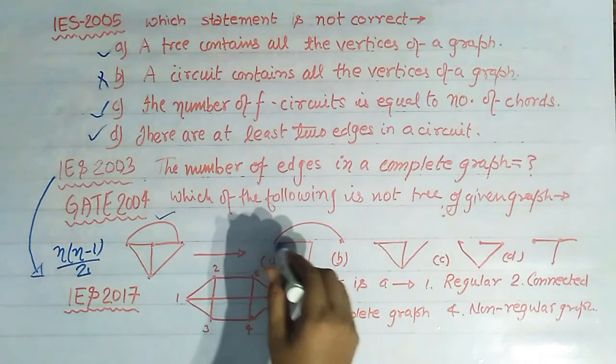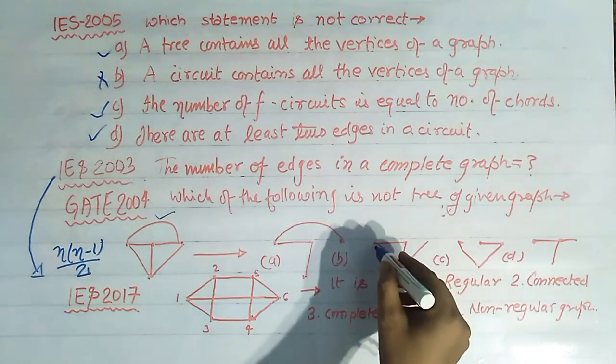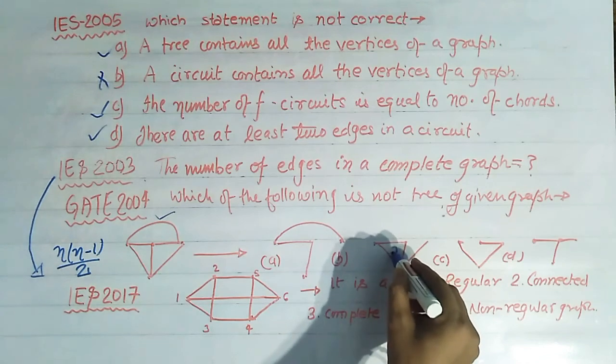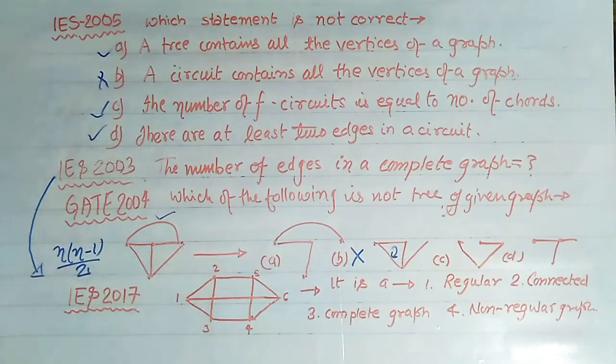So here all these four options include all the nodes. But the second point is a tree of a graph should not have a closed path. Here in option B we can see that it has a closed path. So option B is not a tree of this graph.